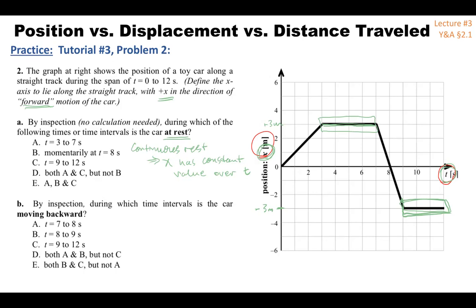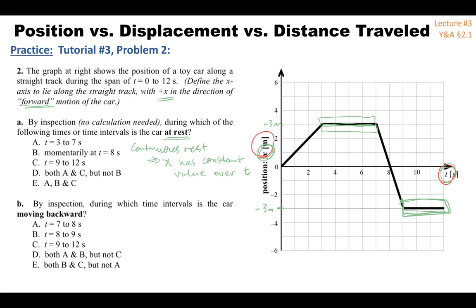Are there any moments here where the car goes from having a positive velocity to a negative velocity? So in other words, those would be moments of instantaneous rest. Well, I don't see those on this graph. That would be when the graph goes from a positive slope to a negative slope at just a point.